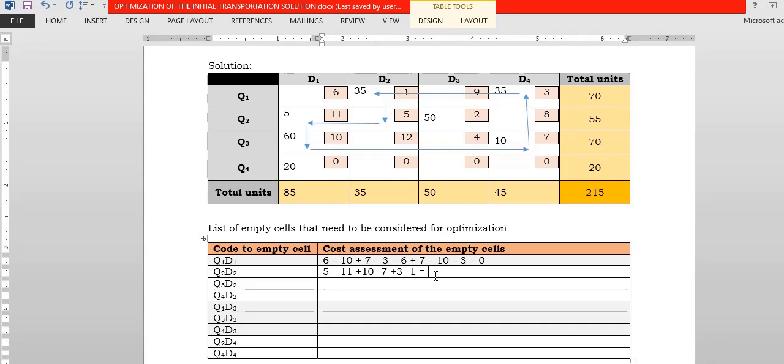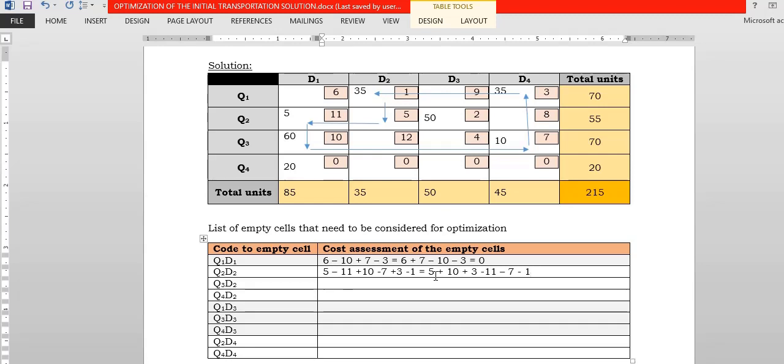Okay, so if you look at this, therefore, we can do our cost analysis like before, collect like terms together. It is 5 plus 10 plus 3 minus 11 minus 7 plus 1.